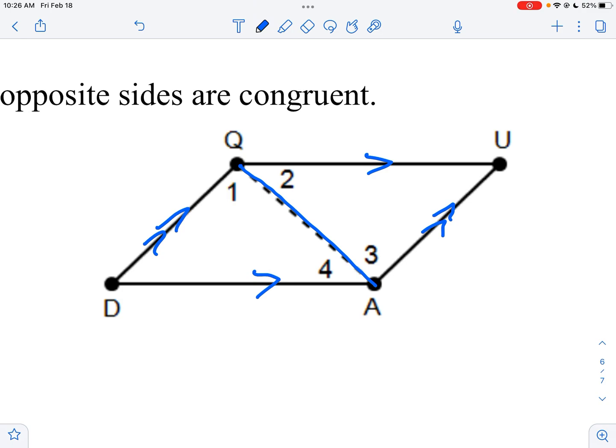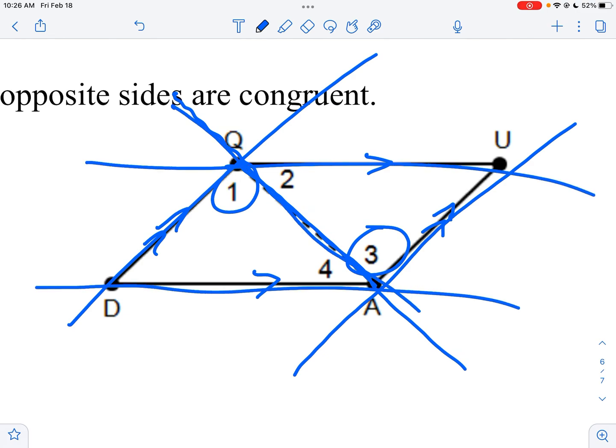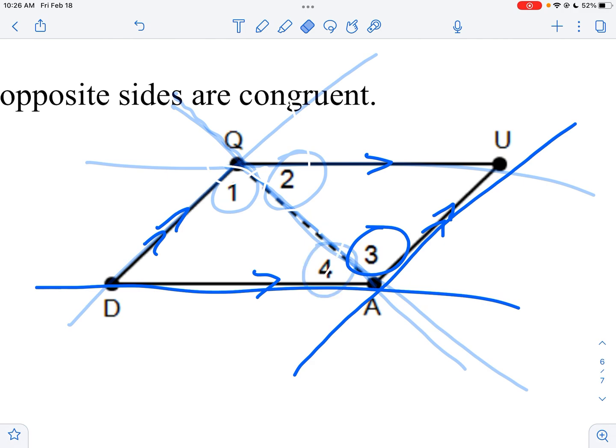Opposite sides have to be parallel. And since we have some parallel lines, such as this guy and this guy, when you cut it with a transversal, it lets you know that these angles are congruent because they're alternate interior angles. And then down here, we also have those cut by a transversal, and these guys are going to be congruent because they're also alternate interior angles.